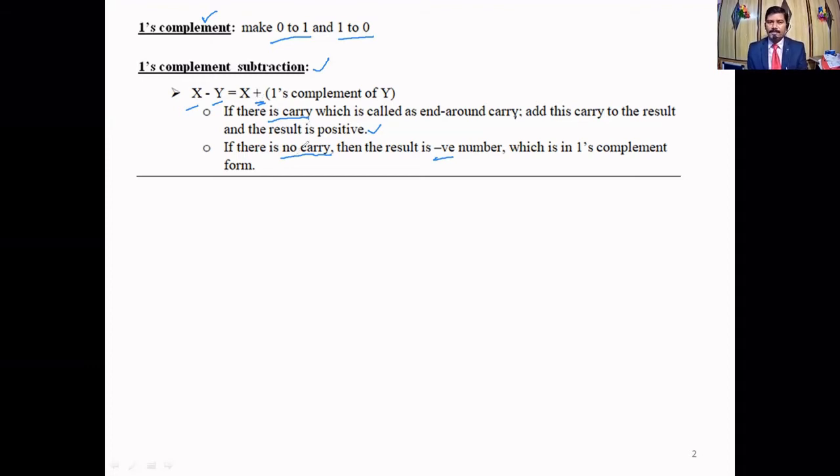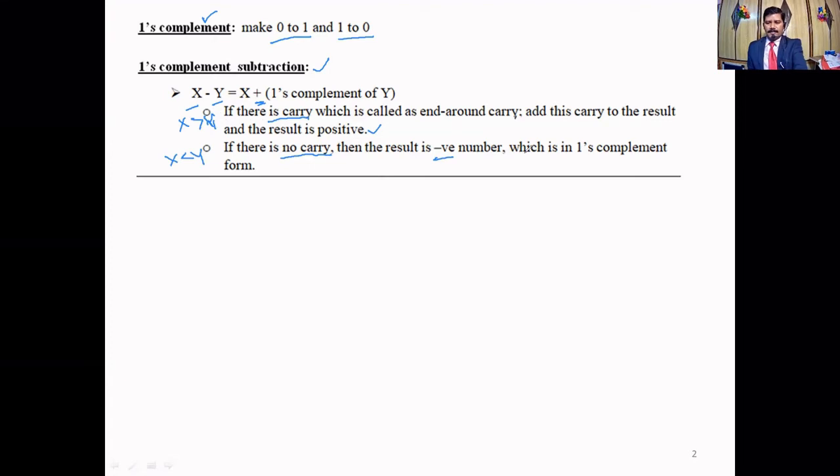In the second case, if there is no carry, then the result is a negative number that is in ones complement form. Here x is less than y.